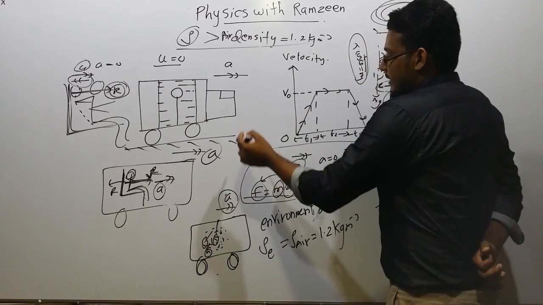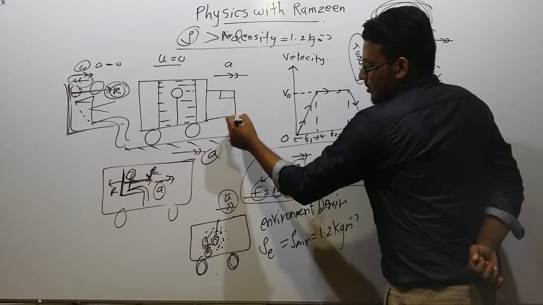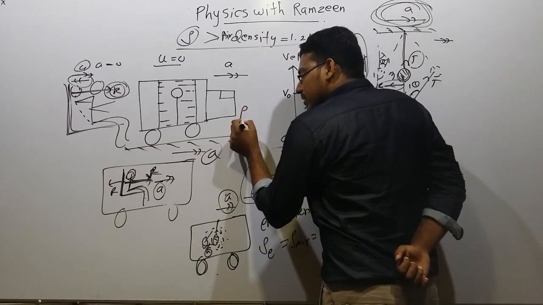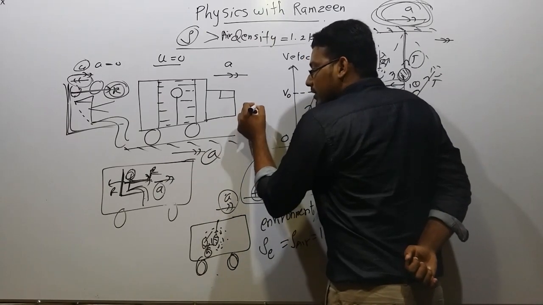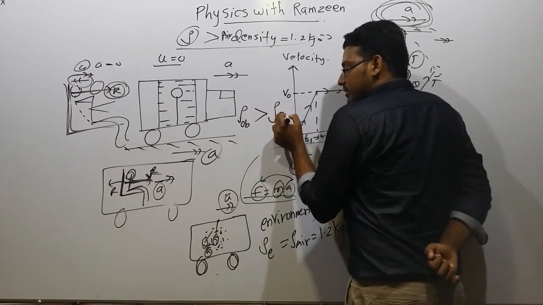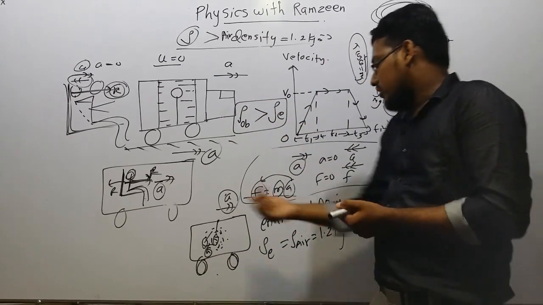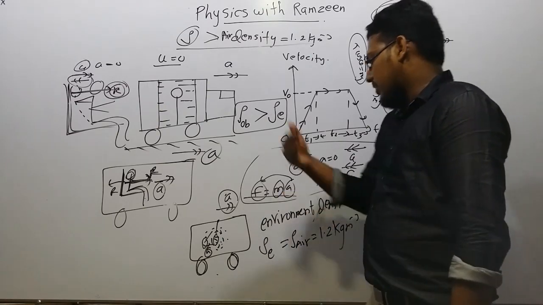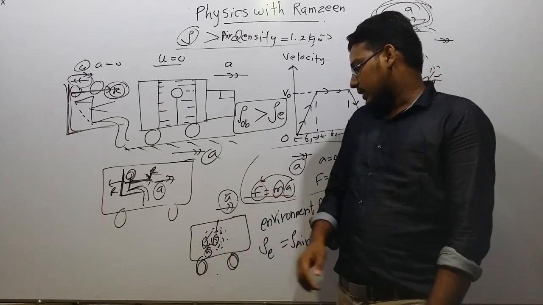So when the density of the particle or any other object is greater than the environment density, then when a body moves with a given acceleration in a given direction, the particle is always getting the equal value.